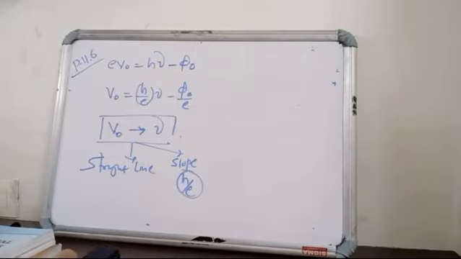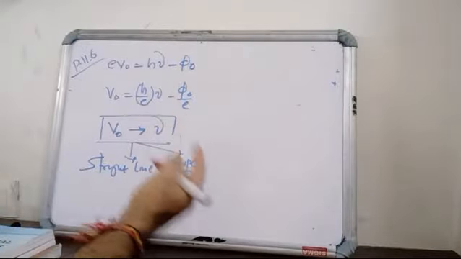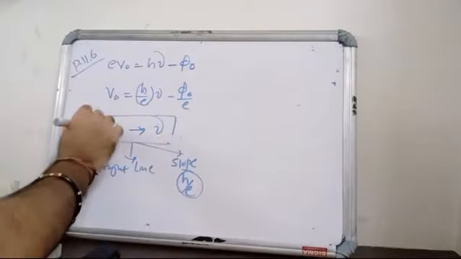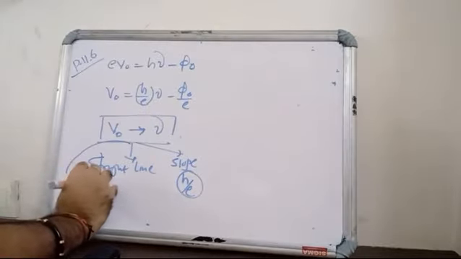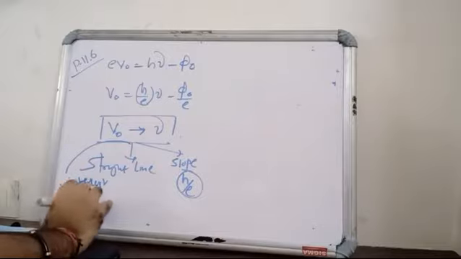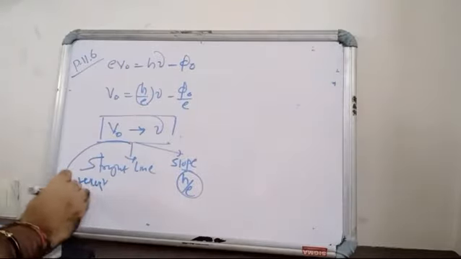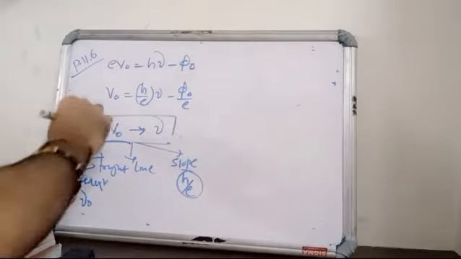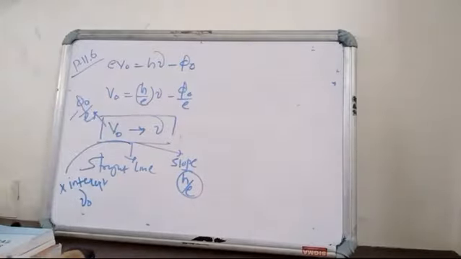Its x-intercept is the threshold frequency nu0. Its y-intercept is minus phi 0 by e.